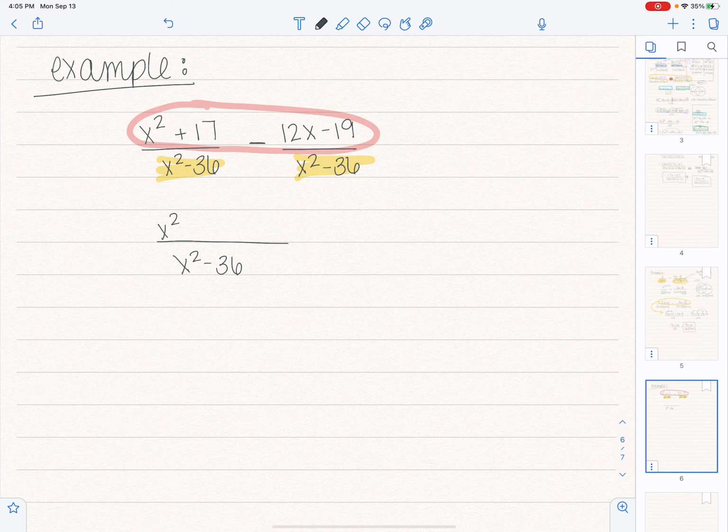Then I have that first numerator, x squared plus 17, minus the quantity 12x minus 19. Remember, with subtraction, as we've seen in a couple of examples now, I have to put parentheses around that second numerator because it is minus that whole thing.